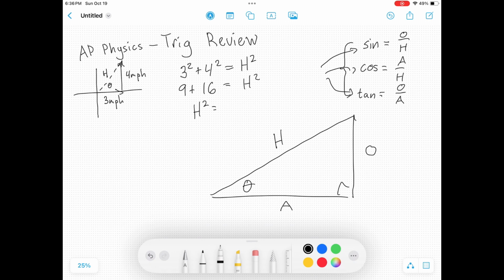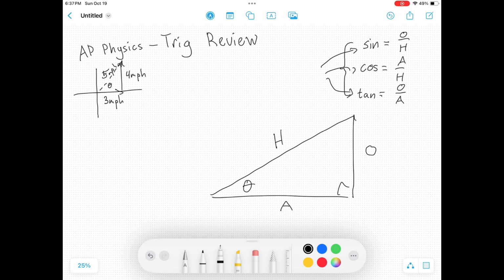H squared equals 25. Because h is positive, we know h is equal to 5. All right, so now we know that this side length that I've labeled as h is actually equal to 5. So 5 miles per hour, that is.